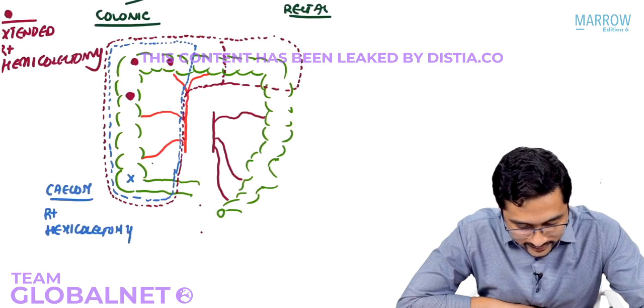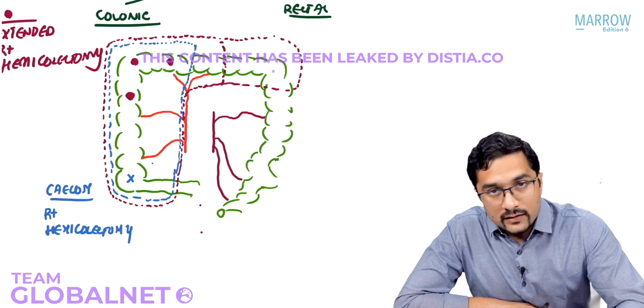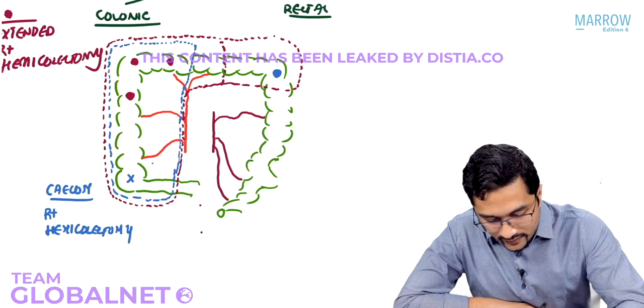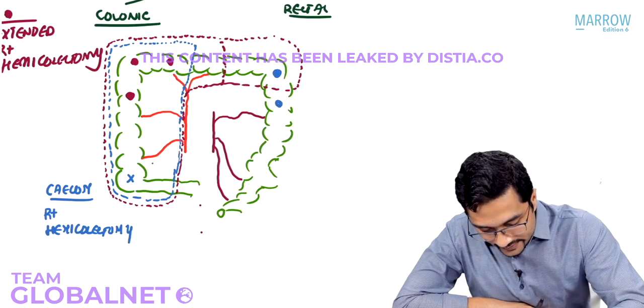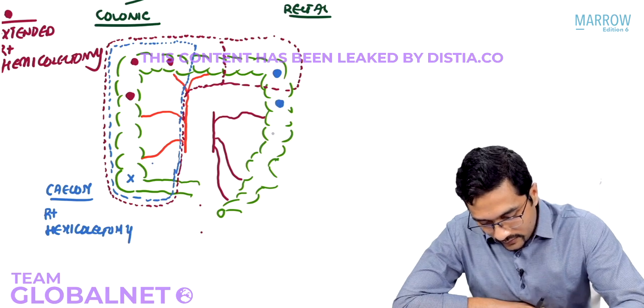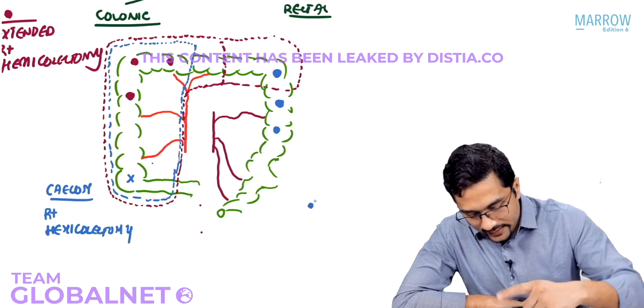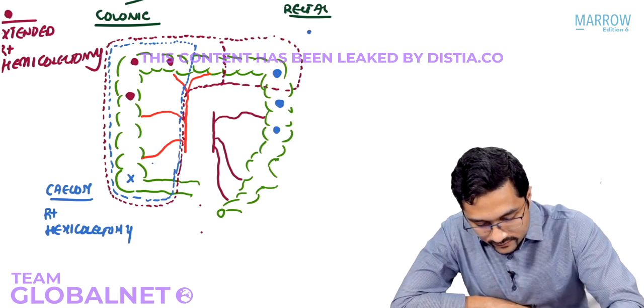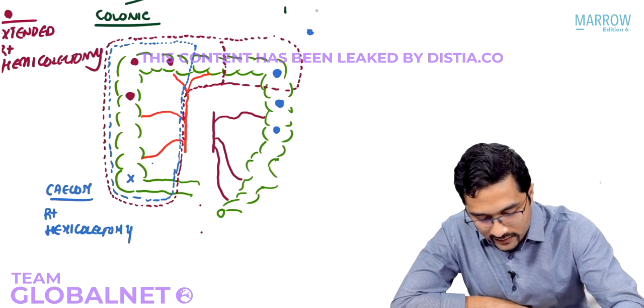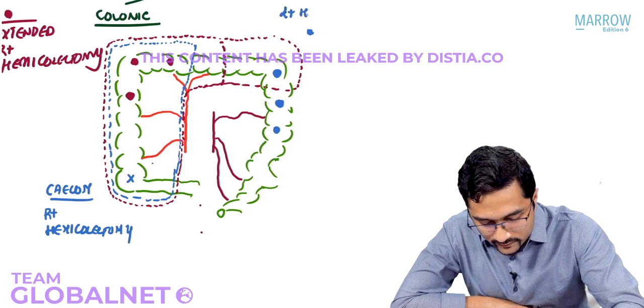Now the patient has a tumor in the splenic flexure or the descending colon, right? Splenic flexure or descending colon. If the tumor is there, then in these patients we will carry out left hemicolectomy.